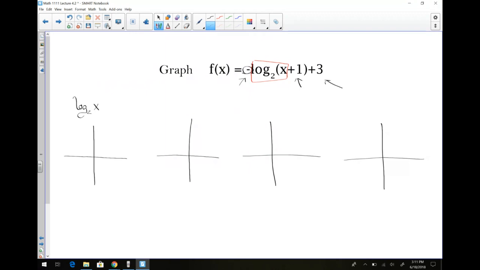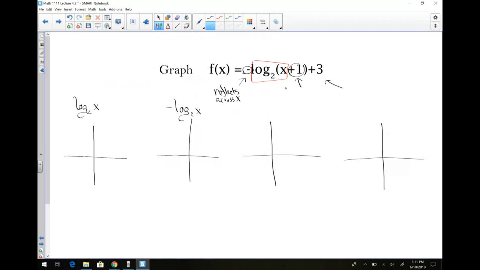Next, I note that this negative on the outside of the function reflects across x. So I'm going to deal with the reflection. So I got negative log base 2 of x. Then I've got this plus 1, and note that this plus 1 is on the inside of the function.